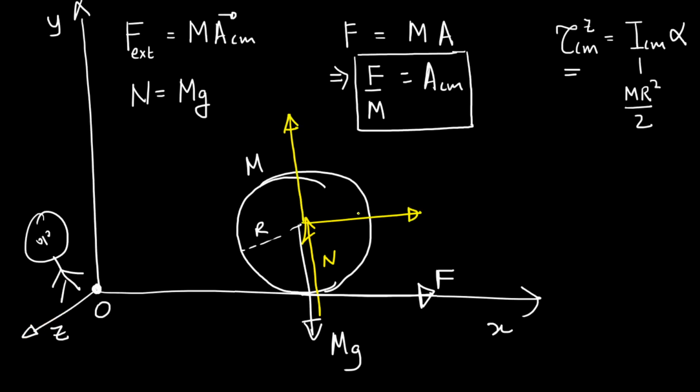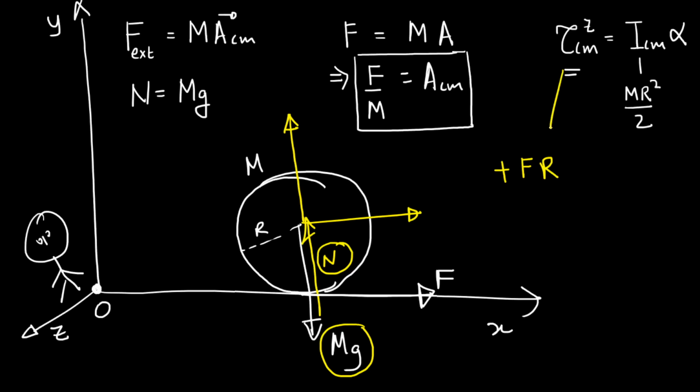He observes pure rotation about the center of mass, and you can see that n and mg are both passing through the center of mass, so they have no torque, and the only torque is, if I can write it as, minus Fr. Oh wait a minute, sorry, it's in the anti-clockwise direction, so with respect to the center of mass it gets a positive sign.